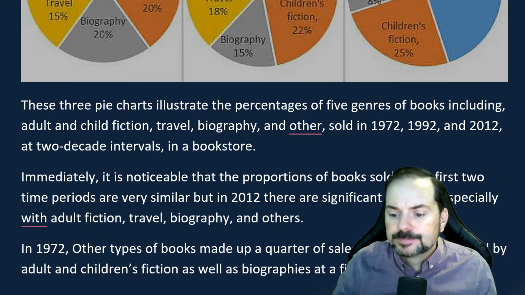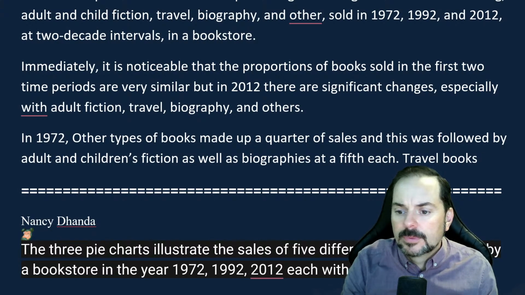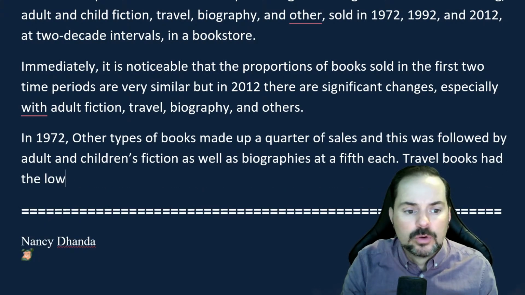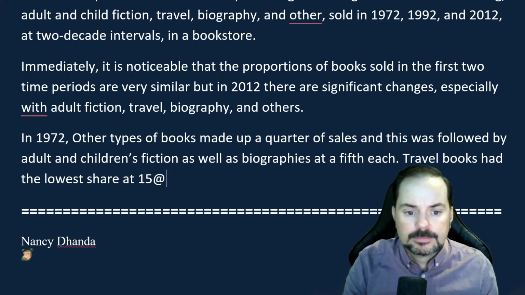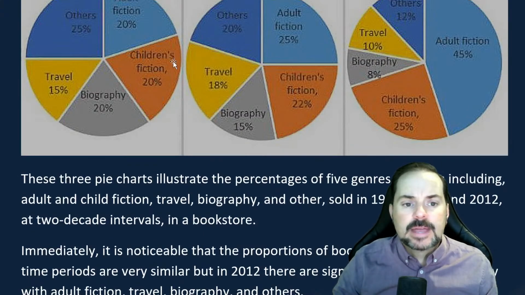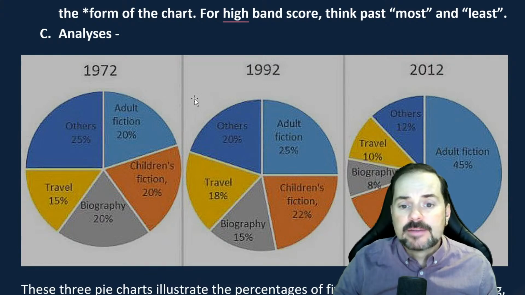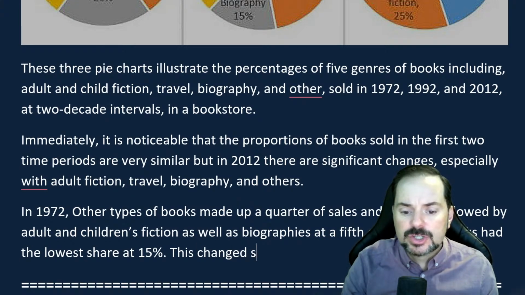Travel books had the lowest share at 15%. Okay. Now that describes for me 1972. Now I'm going to jump to 1992. This changed slightly two decades later, or 20 years later.